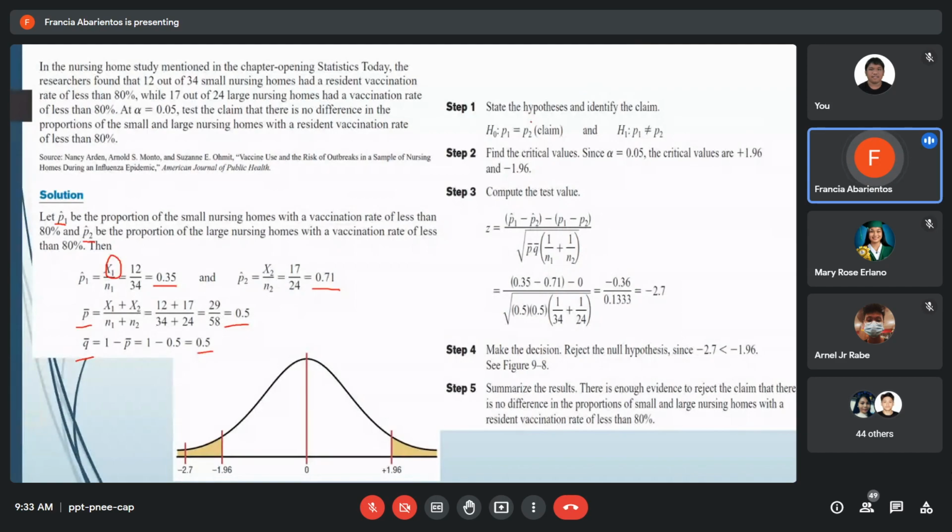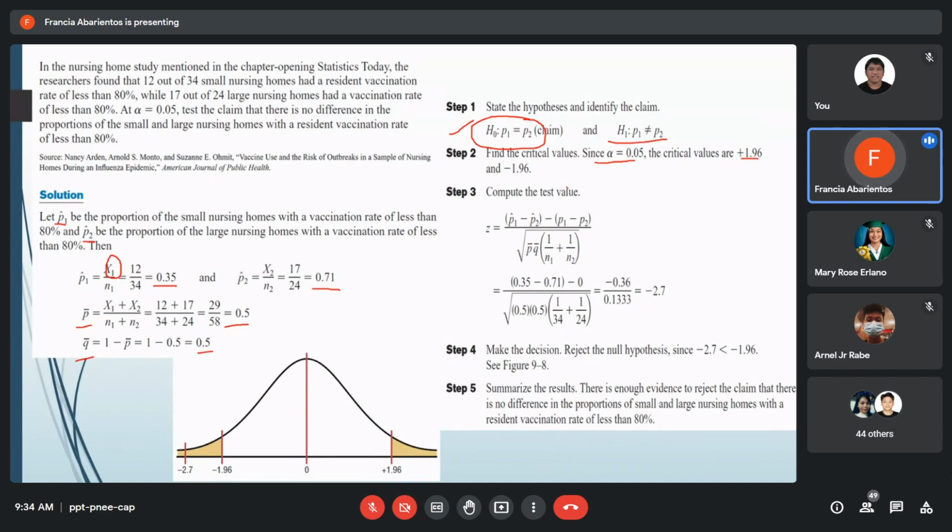First, we need to state the hypothesis. Alam na natin that the null hypothesis is always there is no significant difference between the two proportions, and the alternative hypothesis now is not equal to. Pero yung claim niya dito, test the claim if there is no significant difference. Yun yung claim natin. So, finding the critical value, z-test pa rin tayo sa critical values natin.